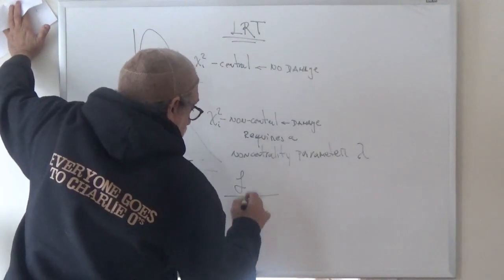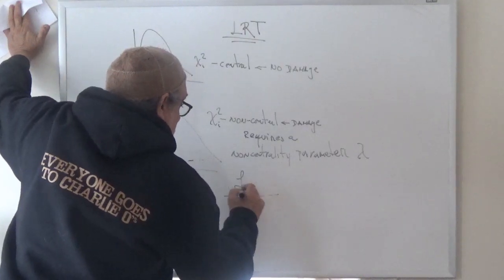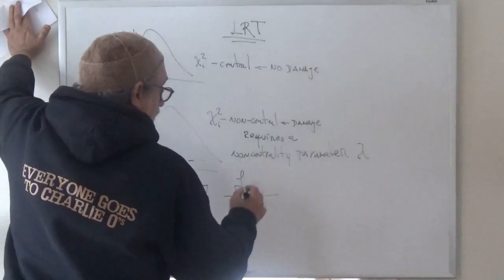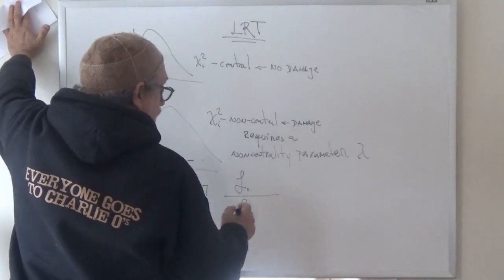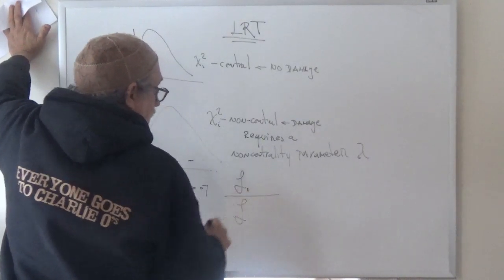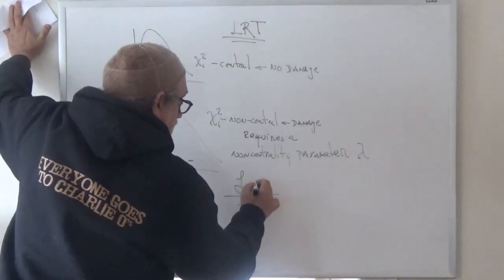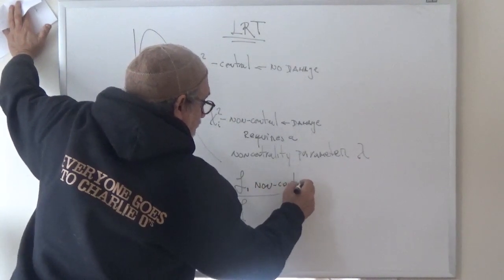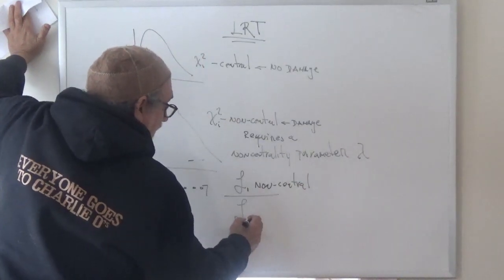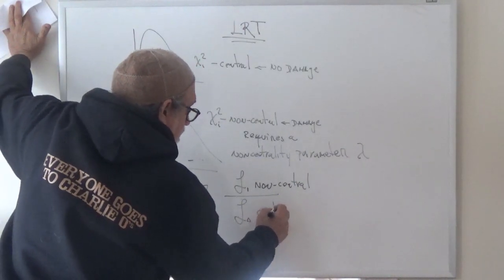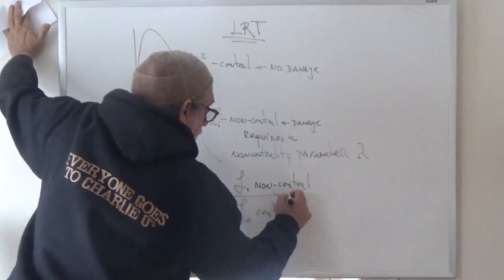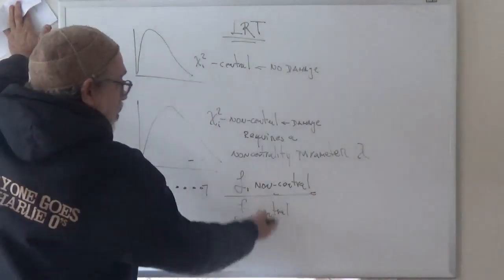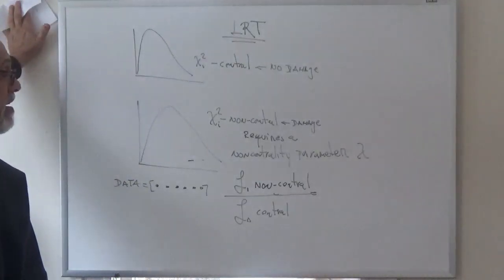We calculate it under the hypothesis that that data is coming from a non-central chi-squared, and so that is likelihood 1. Likelihood of non-central, I'll write it like that, instead of with equations, and the likelihood of central. And we basically just try to see which one of the two likelihoods is higher.